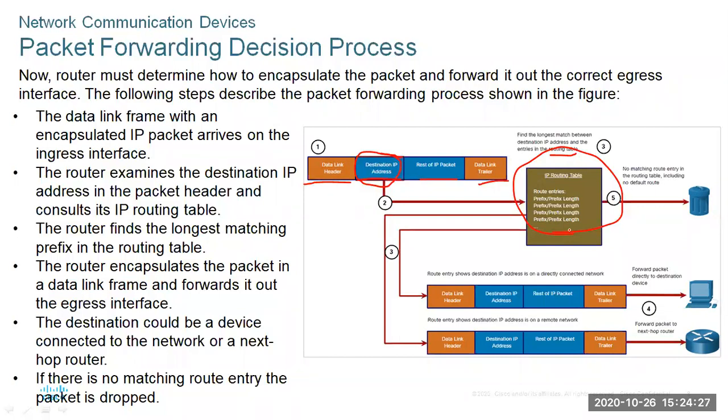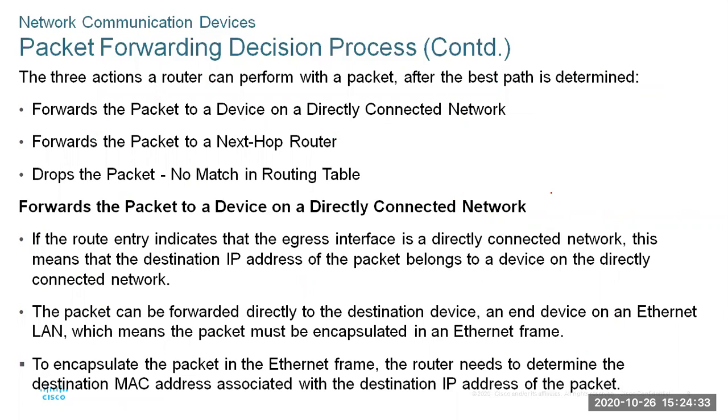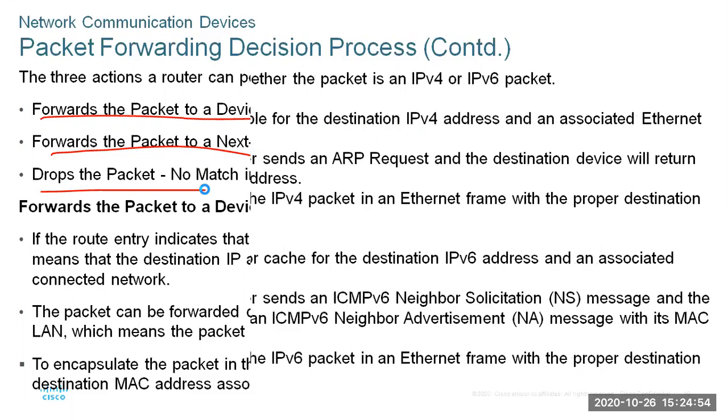But if there is no matching route entry, the packet is going to be dropped. So the three actions a router can perform with a packet after the best path is determined are either to forward the packet to a device in the directly connected network, or to forward the packet to the next hop router, or to drop the packet.